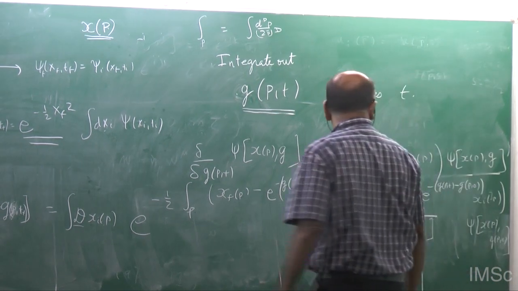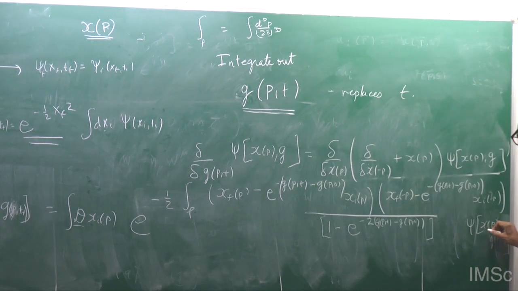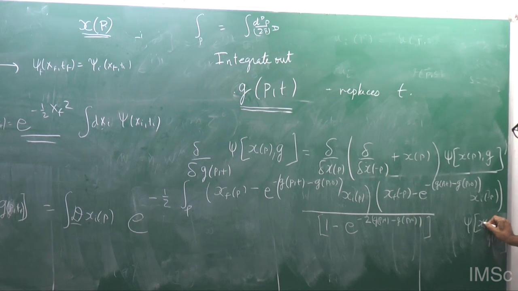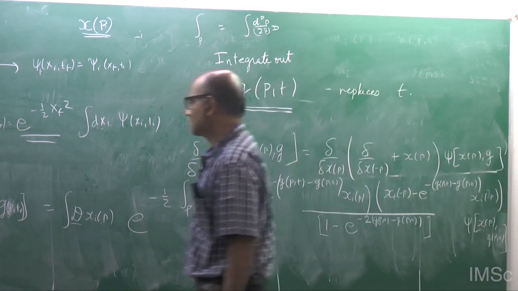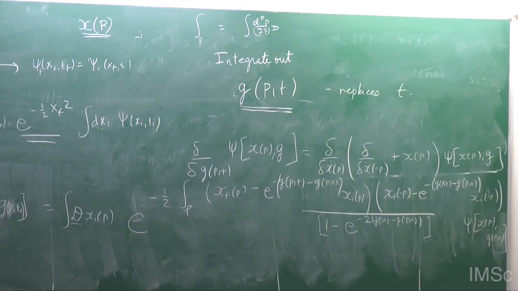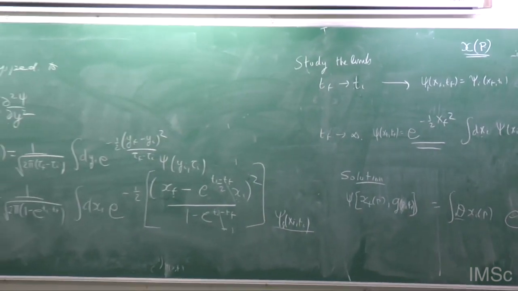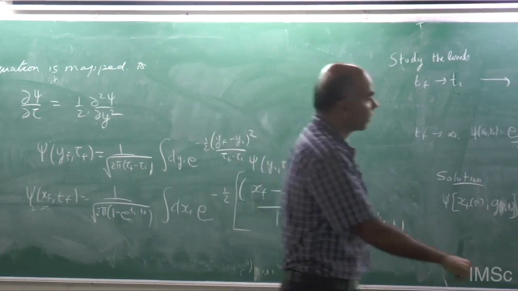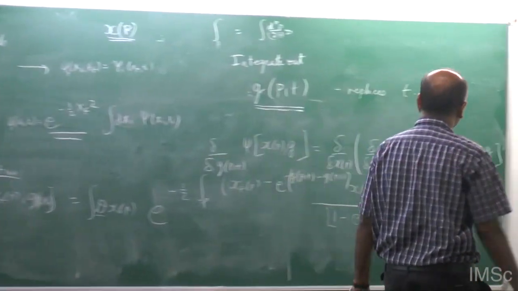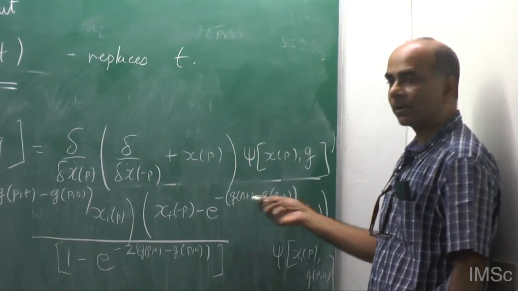It's exactly, so I call this xi. So it's just the functional version of that. Okay. So this will implement an integration out of the various modes if you choose this g appropriately.